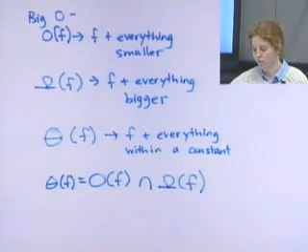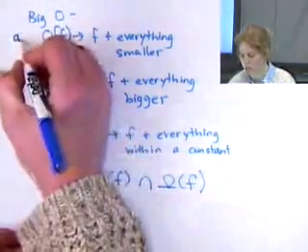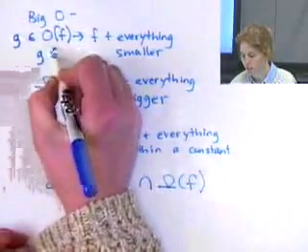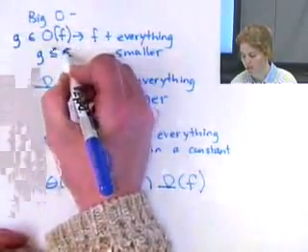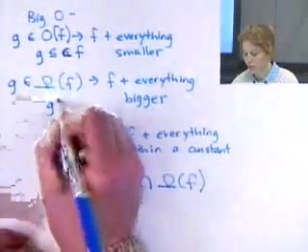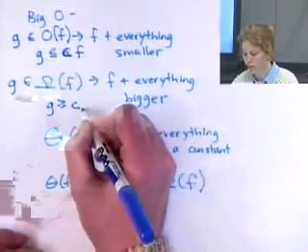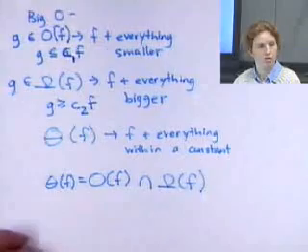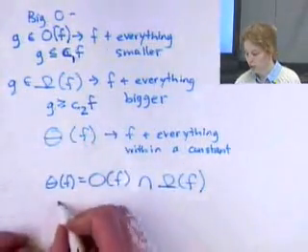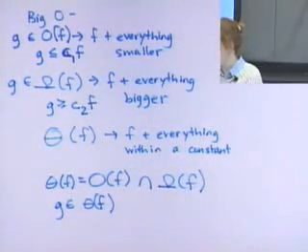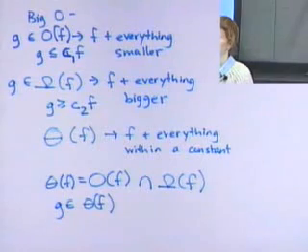You can think of big O of f, so if g is in big O of f, then g is less than or equal to some constant times f, right? If g is in big omega, then g is greater than or equal to some other constant, let's say c2 times f. If I have g in big theta of f, then that means g is less than a constant times f and it's greater than a constant times f.